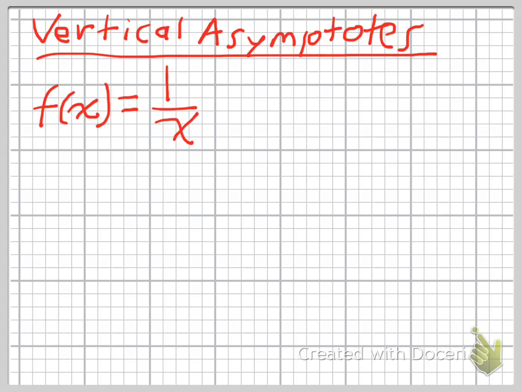When would the denominator be equal to 0? Take a very simple example: you take whatever is in the denominator and set that equal to 0. So 0 equals x, and solve for x, which in this case is already done. So we know that our vertical asymptote is at the line x equals 0.